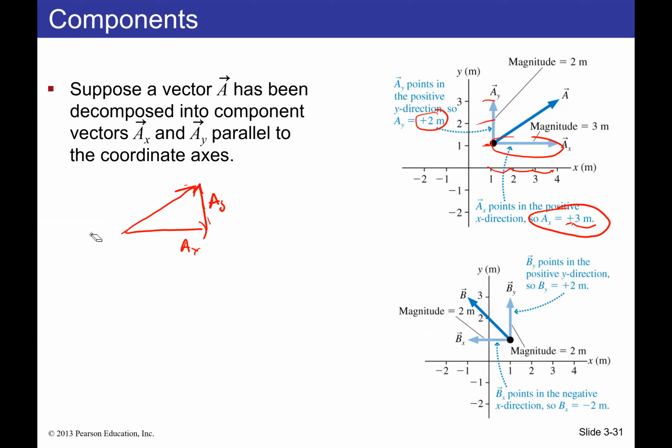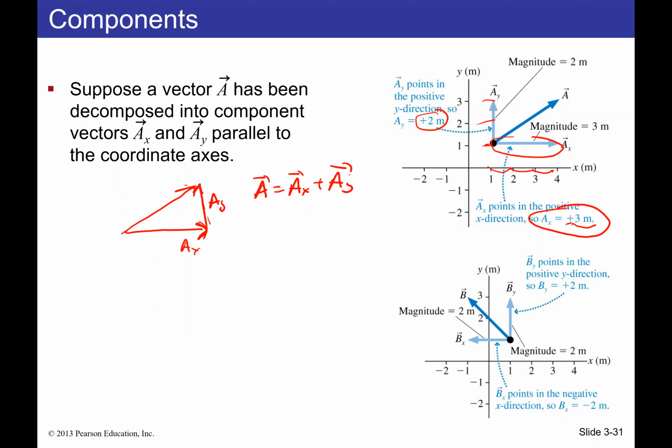Once I move AY to that position, you can see I have nothing but the tip-to-tail method of connecting AX and AY. Then I can say vector A equals AX plus AY. So you took a vector A and broke it down into its components AX and AY.